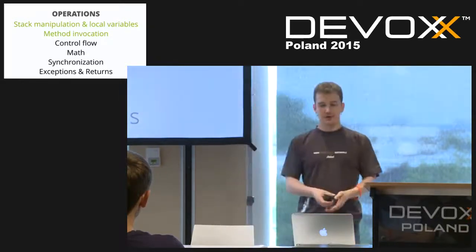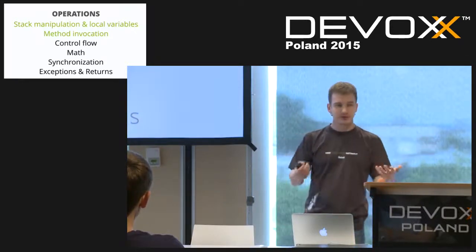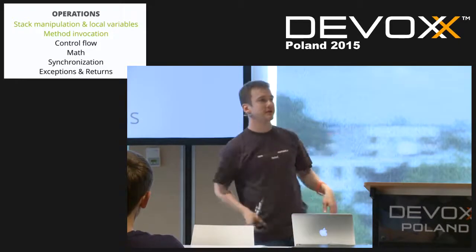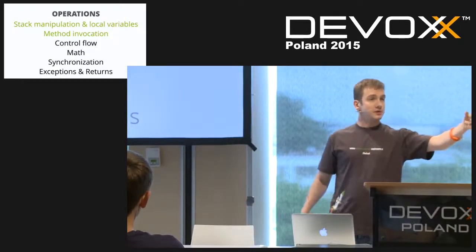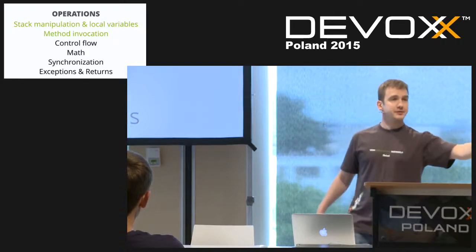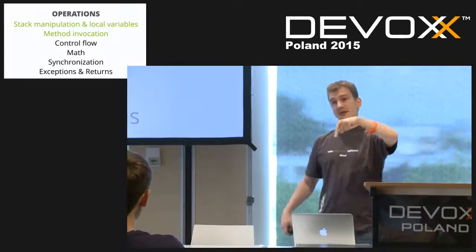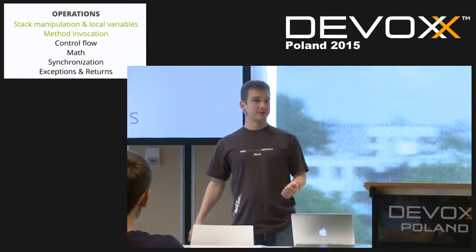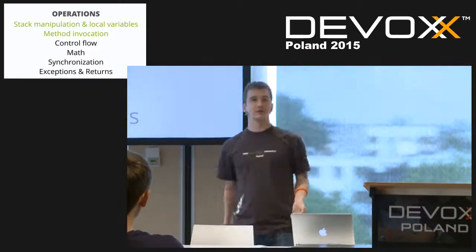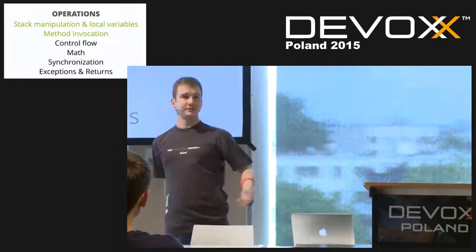The second most important thing would be method invocations. Naturally, we need some way to tell the JVM that currently I want you to go and execute this println method on the object that resides in the field called out in the class called System, and please pass this string as a parameter. In Java, on the source code level, that is very fluent. You just specify everything left to right.